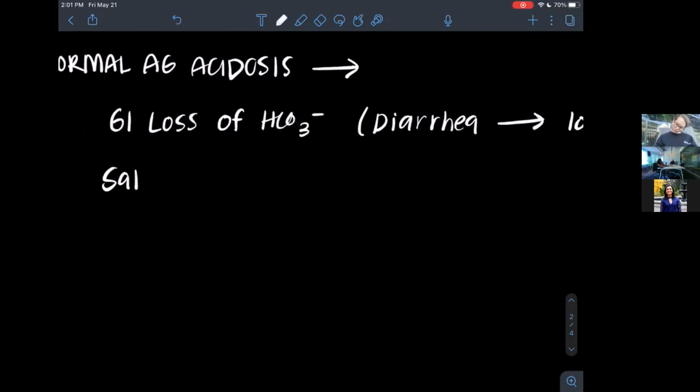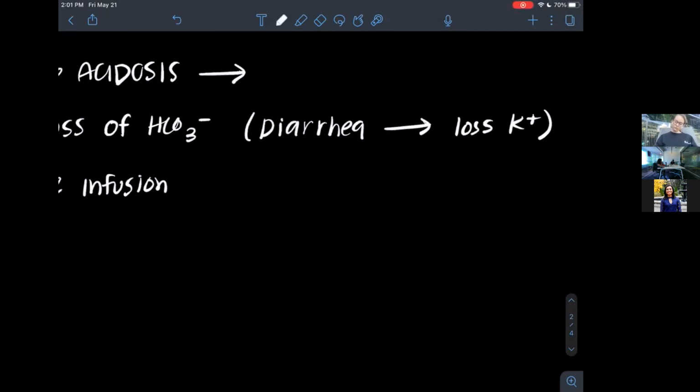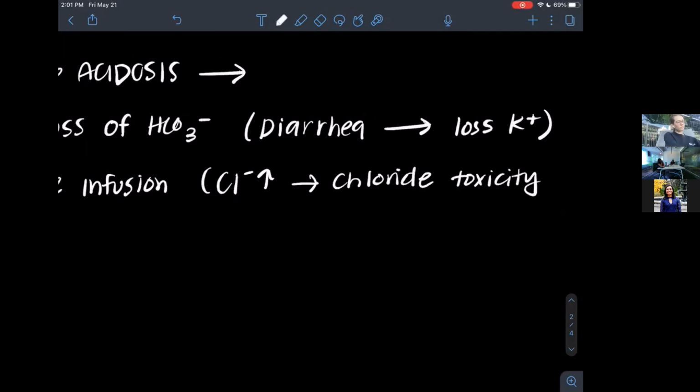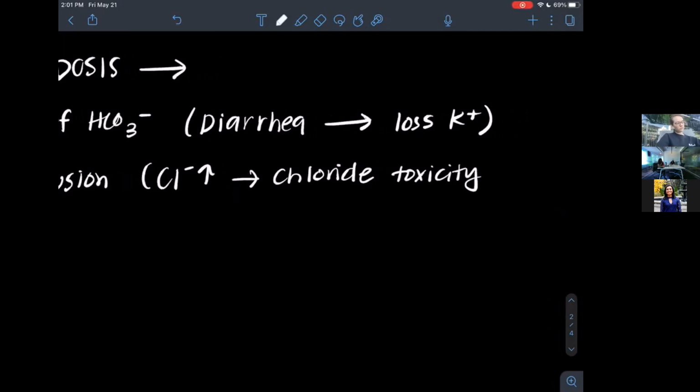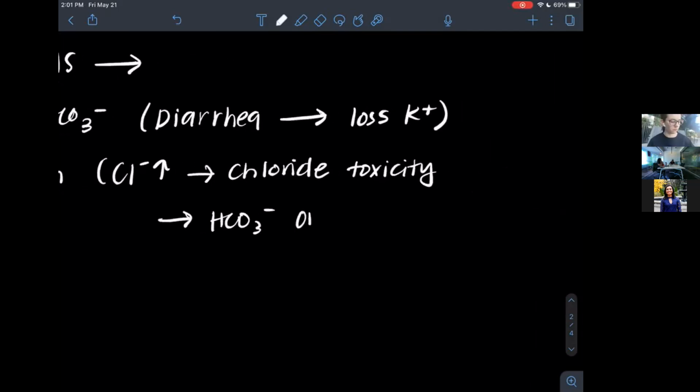Saline infusions will affect your anion gap. What happens is that you see an increase in chloride, and you see something called chloride toxicity. This excess chloride will then drive potassium out of the plasma.